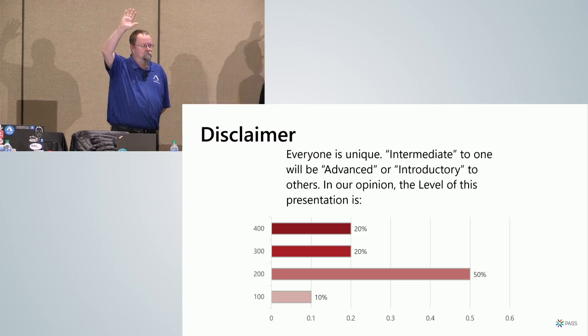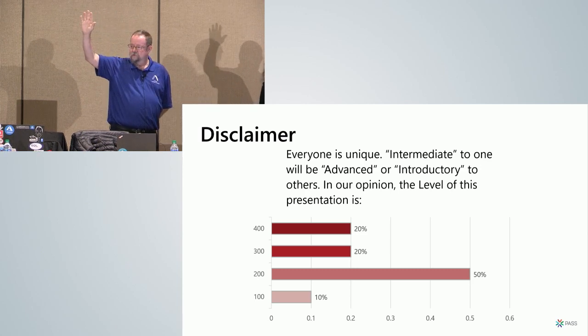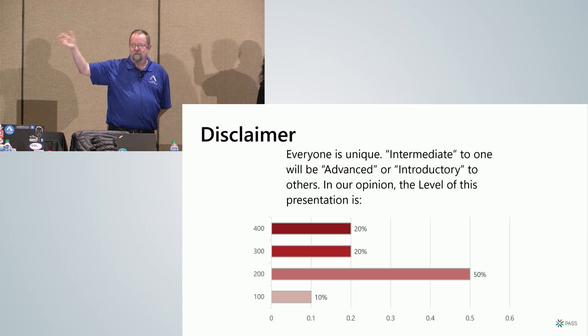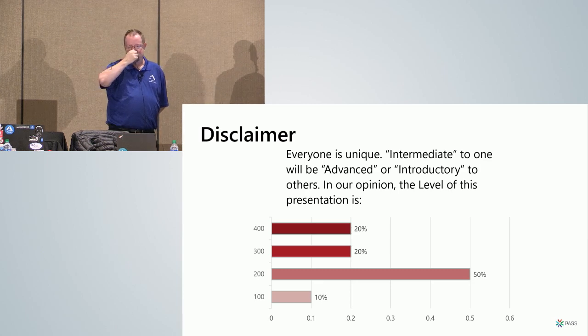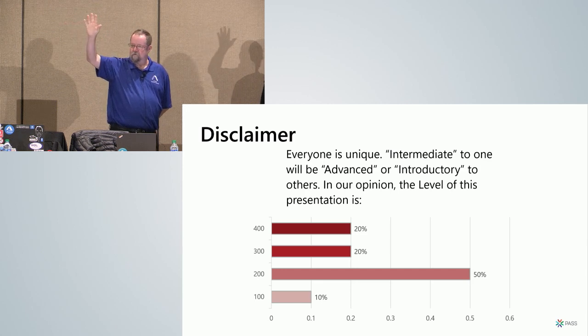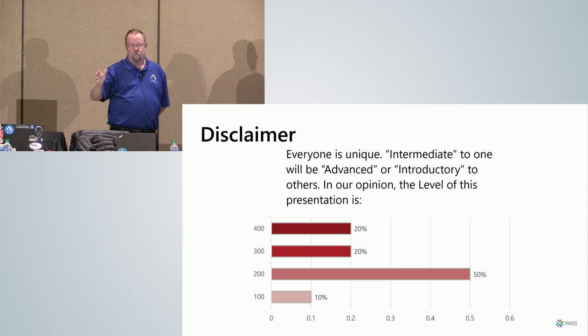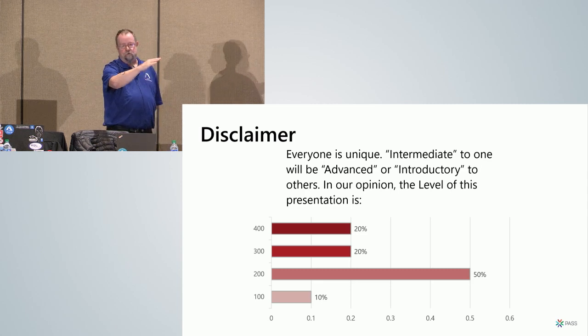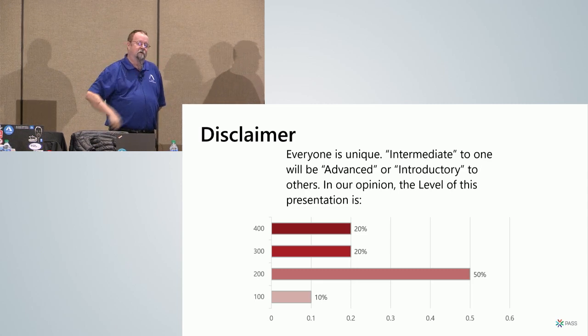Show of hands, who's working with Azure DevOps right now? You may look at these levels at the end of this and go, you know what, that was low. But if you're brand new to Azure DevOps, show of hands, okay, you may look at this and go, wow, that was really advanced. This is all normal.